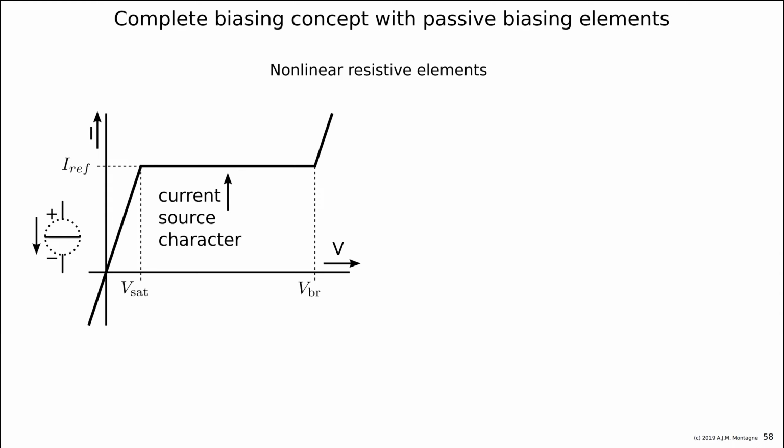If you put too much voltage across the device, you'll bring it into breakdown and it doesn't give you the reference anymore. Of course, this is an abstraction, but basically, this is what you would like to have. But you see, such a current source only works between the saturation voltage and the breakdown voltage. And this has to be accounted for during the design of the biasing. We need that headroom.